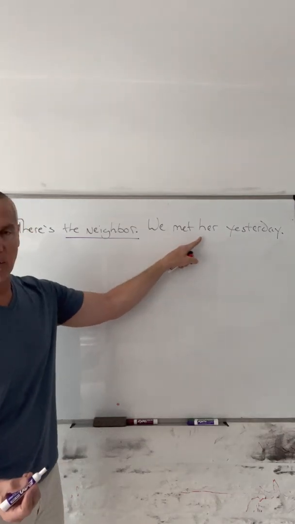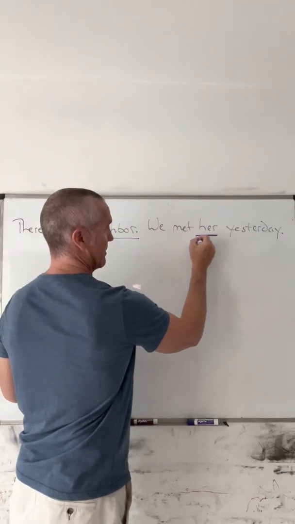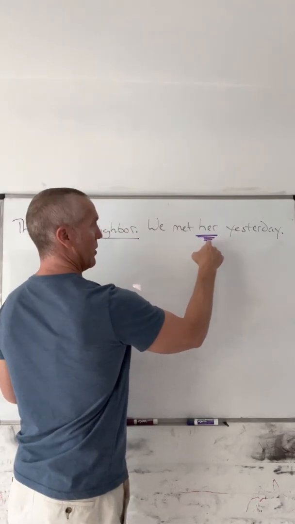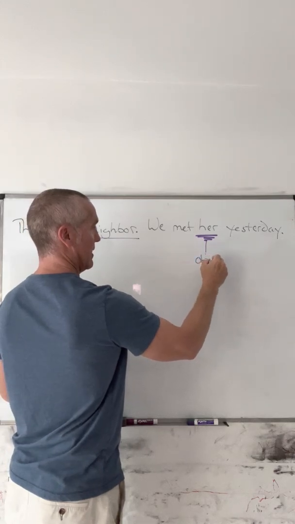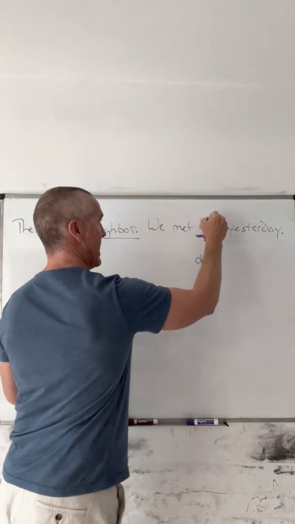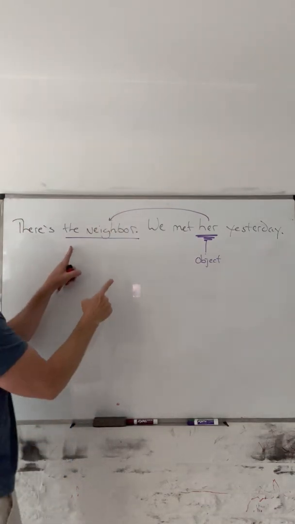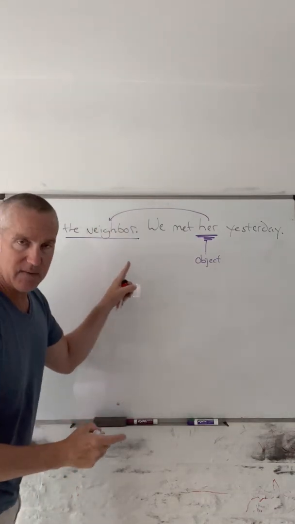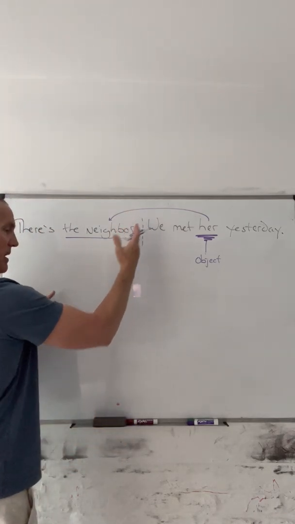We met her yesterday. So subject, verb, object. There it is right there. So her, which of course is an object, that refers to the neighbor. Now we already know if that's the noun that receives the modification, then the adjective clause must begin right there.